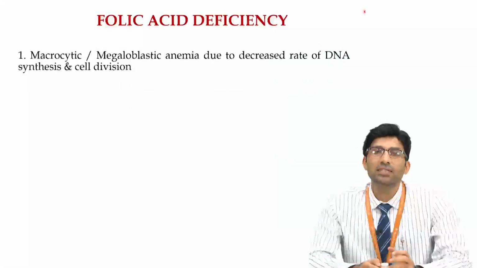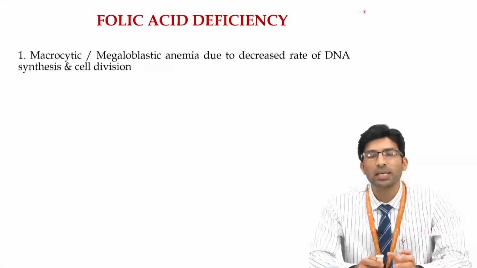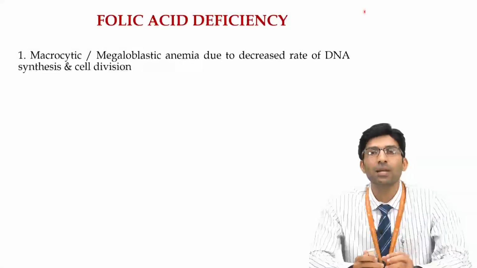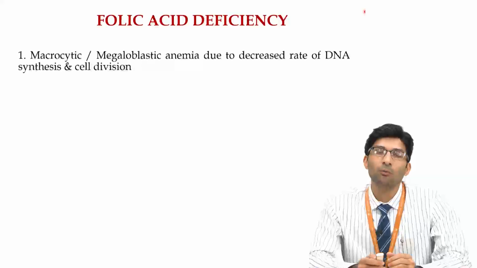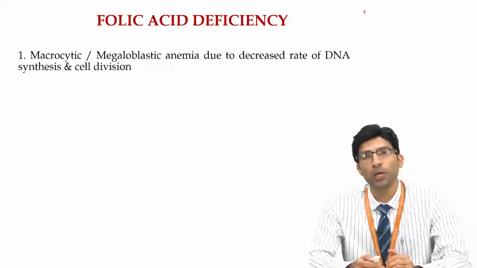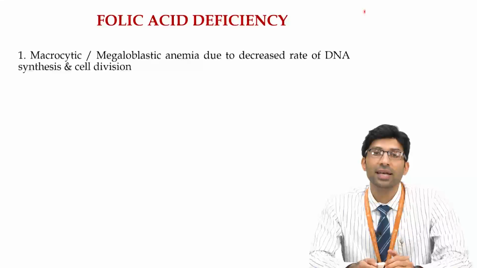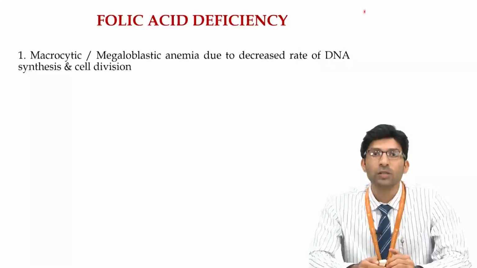So, folic acid deficiency can cause macrocytic or megaloblastic anemia. So, there is a relation between folic acid and vitamin B12. How vitamin B12 deficiency can cause folic acid trap and lead to megaloblastic anemia, you will understand in the vitamin B12 chapter. So, macrocytic or megaloblastic anemia occurs due to decrease in the DNA synthesis and cell division.